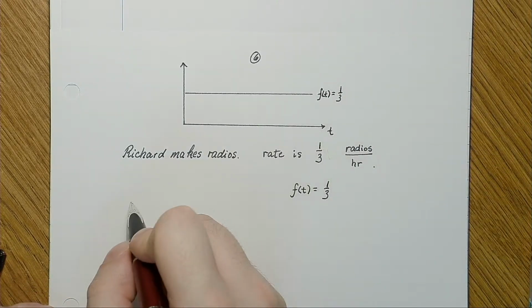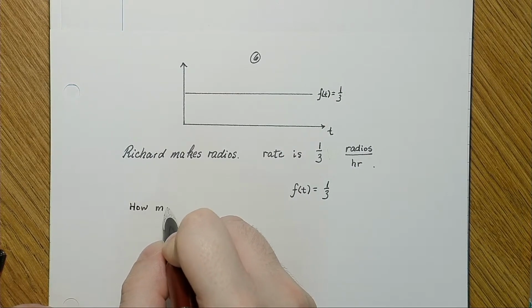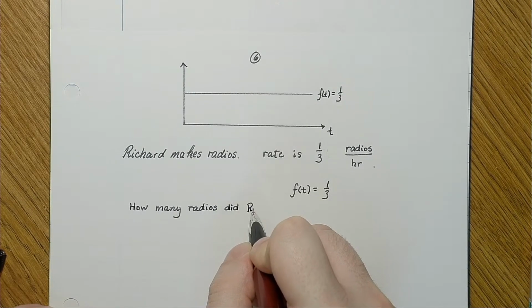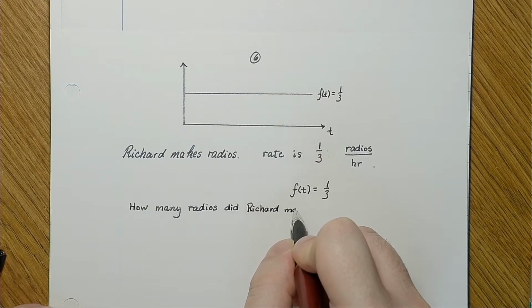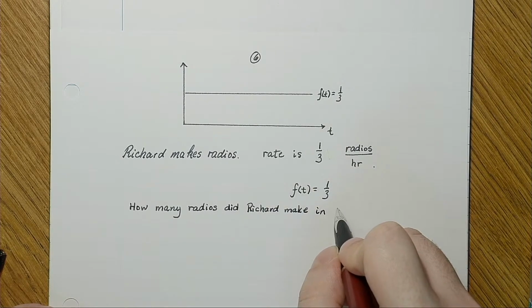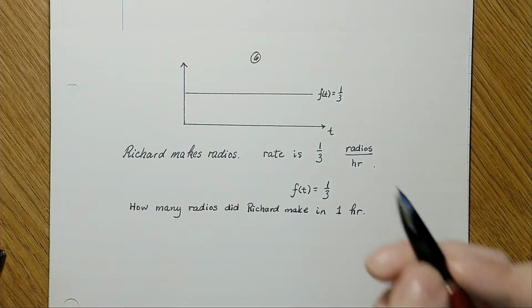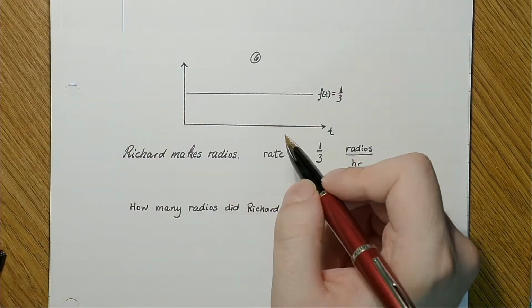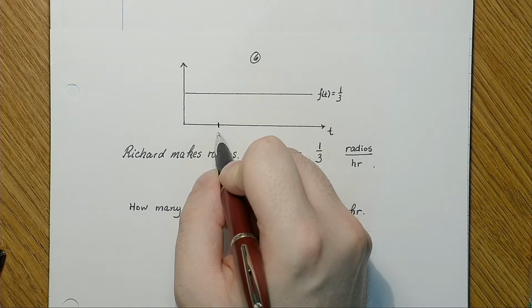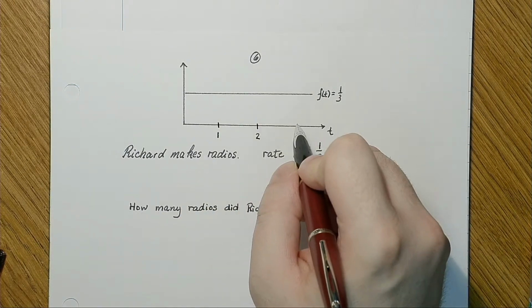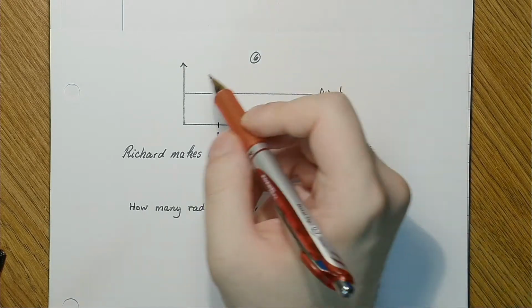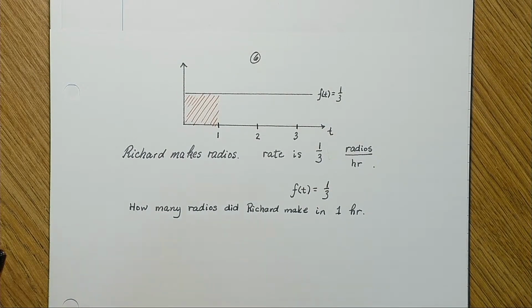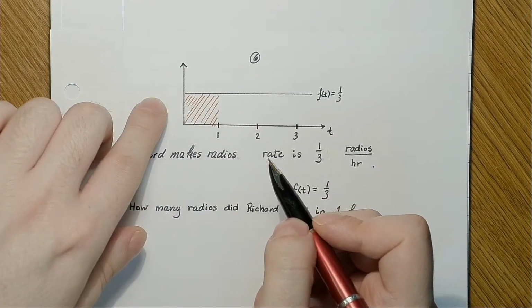And if you ask me how many radios Richard made in 1 hour, at that point, what you would do is look at the area. So I'm making 1/3 over 1 hour.